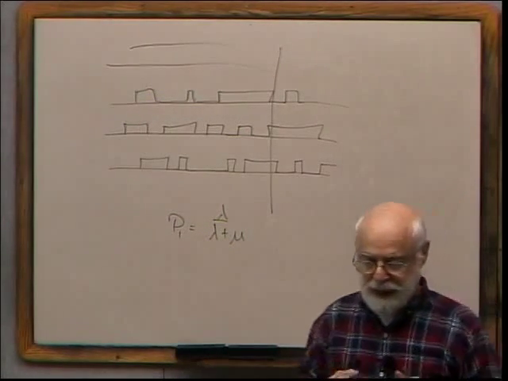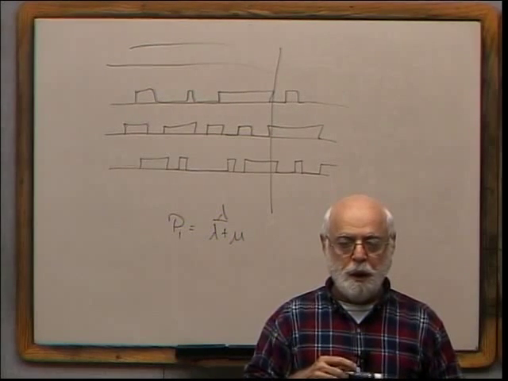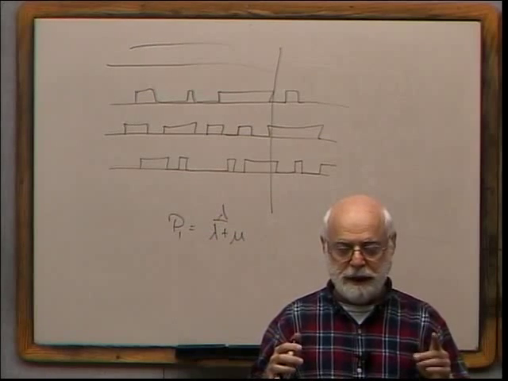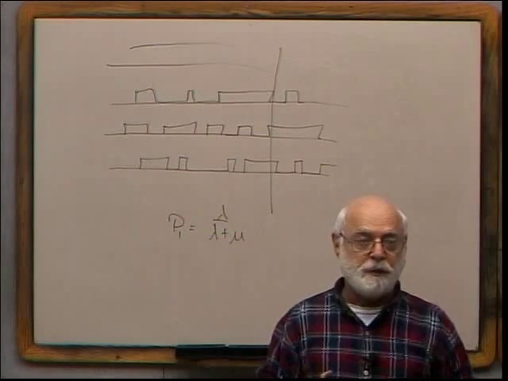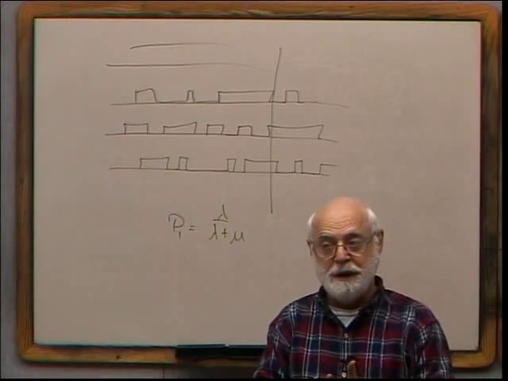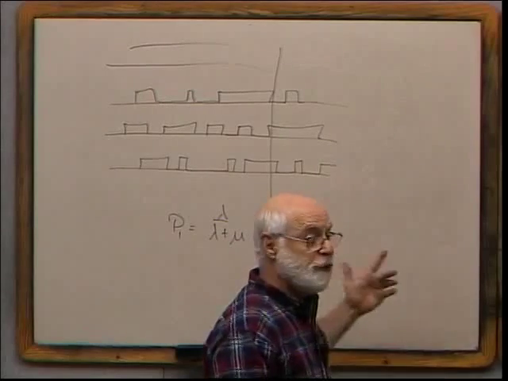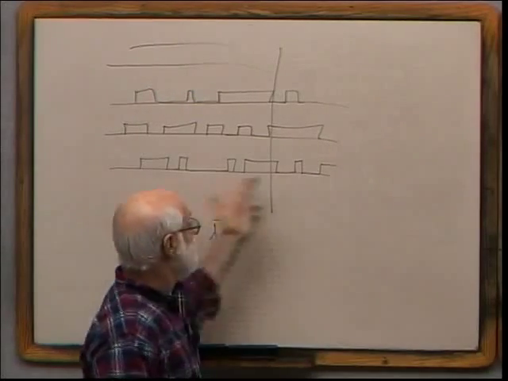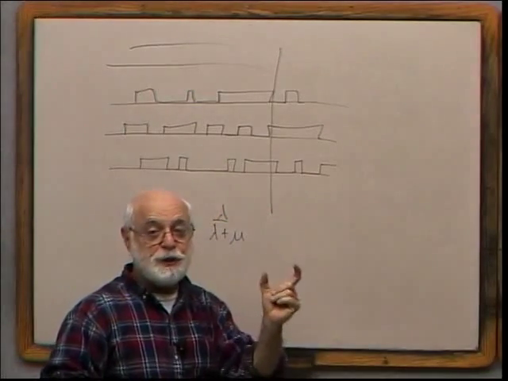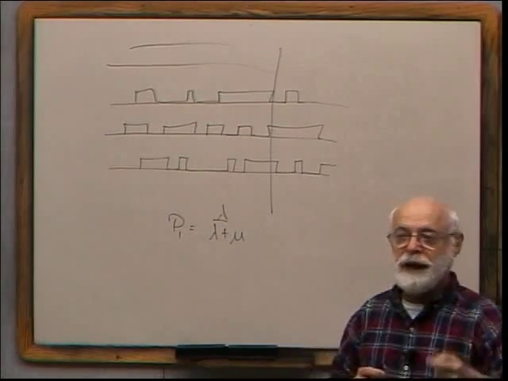If you look at homework 1, where you wanted to calculate the probability of loss, we calculated it 2 ways. One is you calculated the fraction of time that the system was in the blocking state. That's looking at a single system over a long period of time, and you calculate ratios of time. The other was you calculated the fraction of arriving customers who found the system in the blocking state.